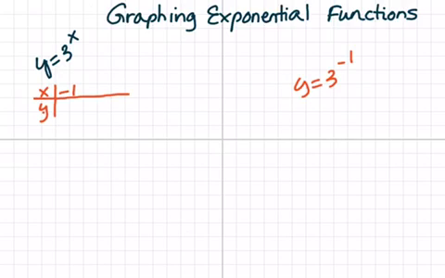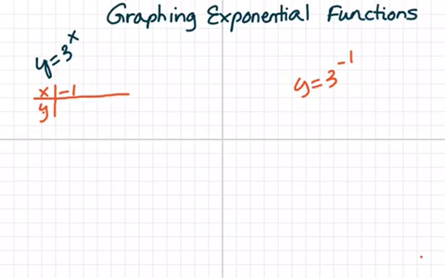Remember, when you do negative exponents, you have to put the number downstairs. So instead of calling that 3, we're going to call it 1/3. So it's not even a whole number.